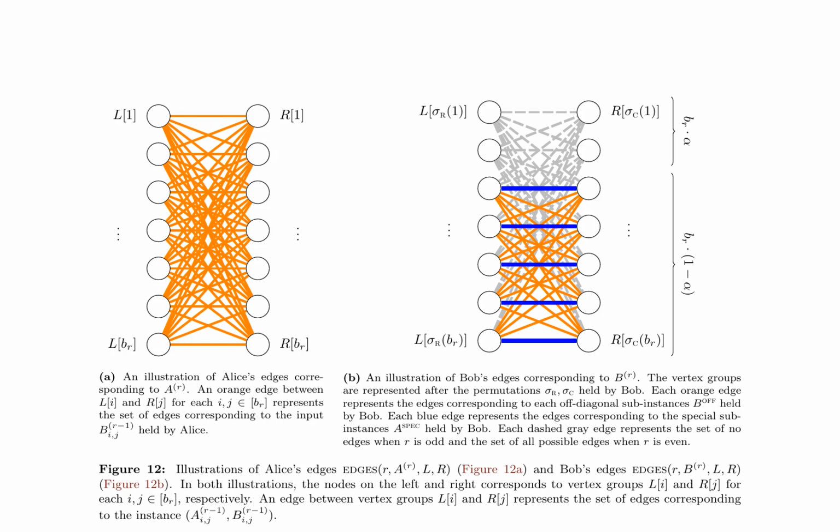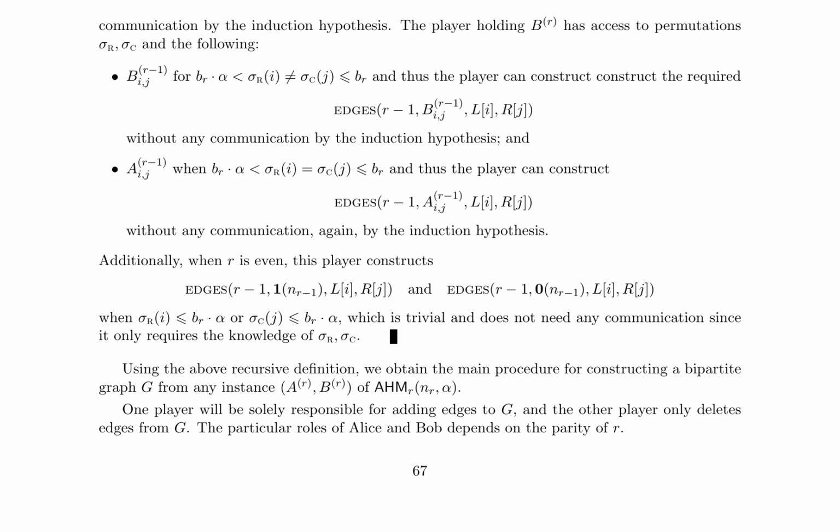Figure 12 illustrates the edges corresponding to A_r and B_r, with orange edges representing the set of edges corresponding to the input B_{r-1} held by Alice, and blue edges representing the set of edges corresponding to the special subinstances A_spec held by Bob. The dashed gray edges represent the set of no edges when r is odd and the set of all possible edges when r is even.